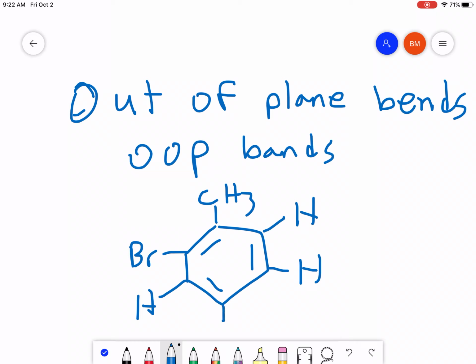A benzene ring, or an aromatic ring, is basically as flat as a sheet of paper. It's all contained within one plane. The bonds that are attached to it, whether it's an H or a Br or CH3 or whatever, can sort of wag up and down, constantly wagging slightly above and slightly below the plane. That's called an out-of-plane ring bend, and those create something called OOP bands.